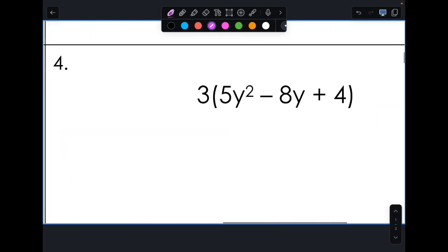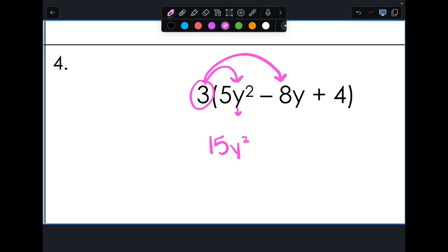Number 4. We're distributing the 3. 3 times 5 is? 15y squared. 15, bring down the y squared. Next, 3 times negative 8. Negative 24y. Negative 24, bring down the y.